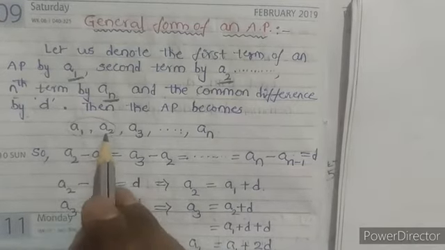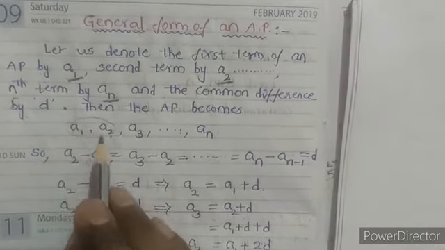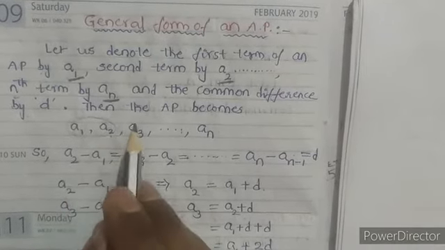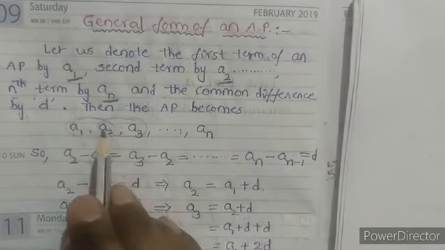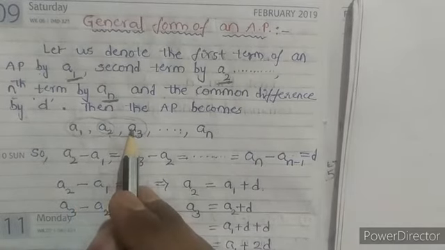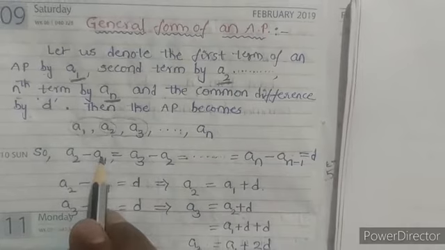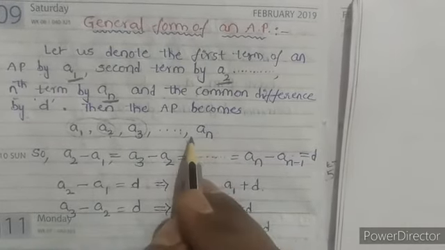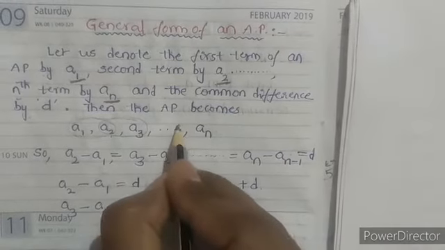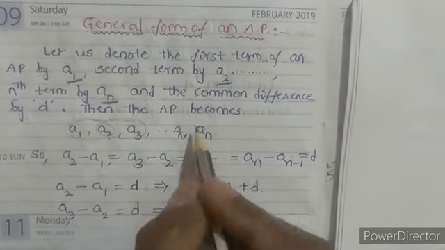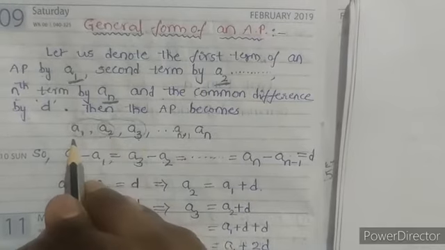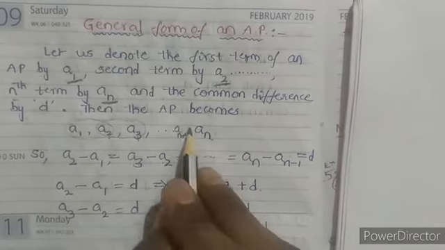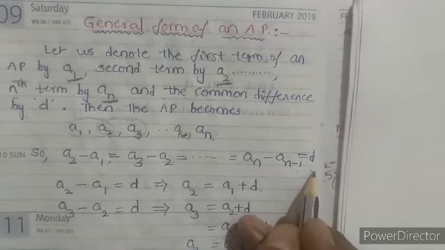So we can say A2 minus A1, these two are consecutive terms. The difference of these two terms is the common difference, and the difference of these two terms is also the same, that is D. So we can write A2 minus A1 is equal to A3 minus A2 is equal to, and up to An, before which term will come? An minus 1 will come. So 3 before 2, 2 before 1. So n before n minus 1 will come. So An minus An minus 1 is equal to D.